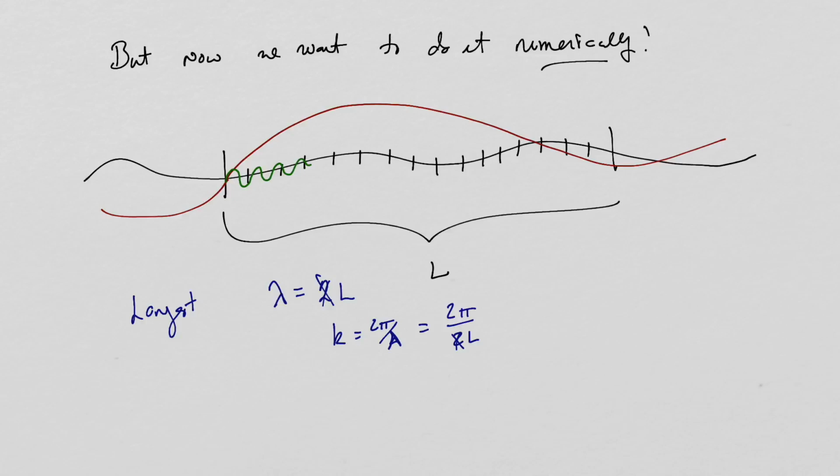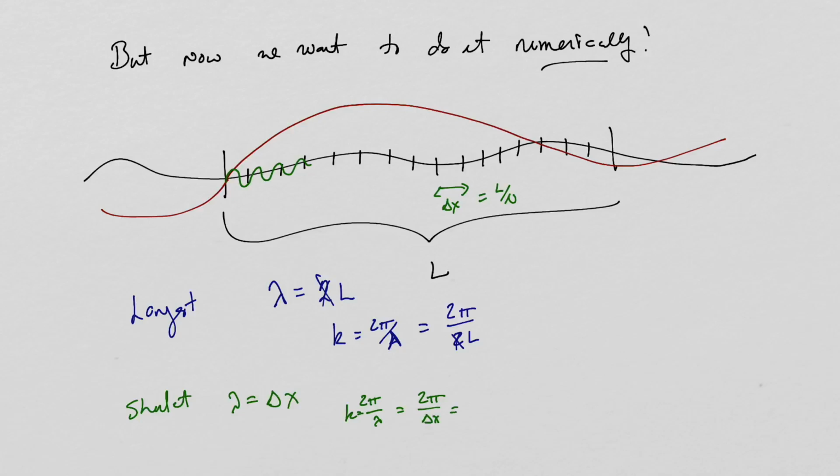At the same time, the shortest one is where lambda is approximately equal to delta x, where delta x is the spacing here, which is just L over N, right? If lambda is on the order of delta x, then k, which is 2 pi over lambda, is equal to 2 pi over delta x.